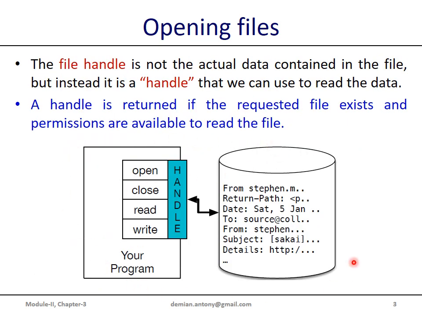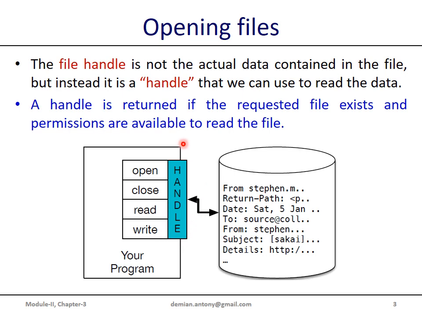This diagram represents the main 4 operations that are related to a file. You can see we have a program here, a program written with the open, close, read and write, and all these operations require the file handle, that means the interface with the pointer to a buffer, and this is the secondary memory.